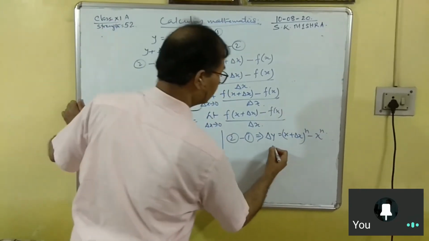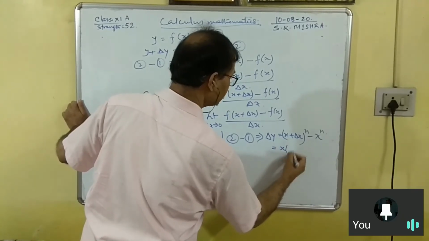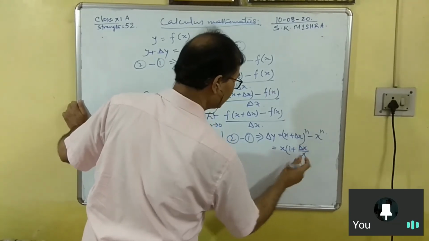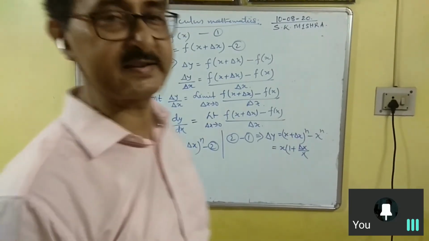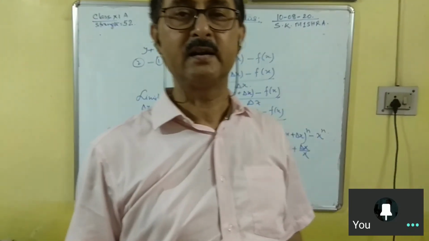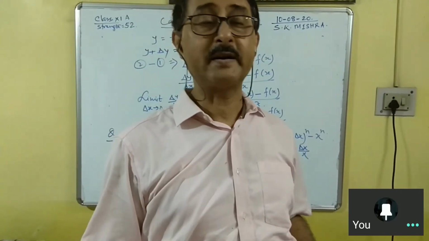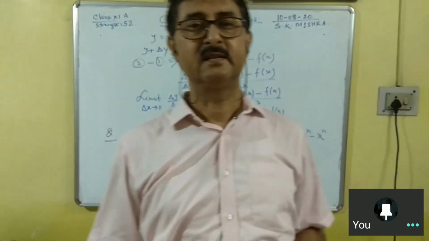Okay, now you can take x common. Then it is 1 plus del x by x. So don't think that you can cancel x and x. Del x doesn't mean del into x. You can't separate it. A small increment is called del x, but an infinitesimally small increment is called dx.